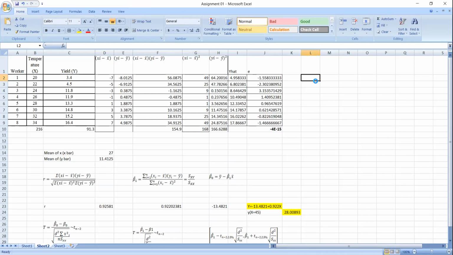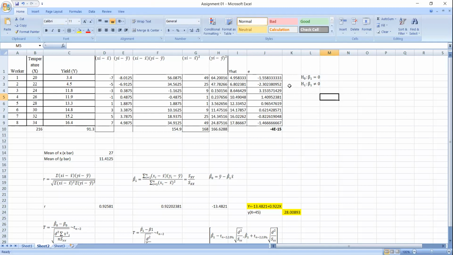So first you can write down the hypothesis, that is H naught is beta 1 equal to 0, H1 is beta 1 not equal to 0.